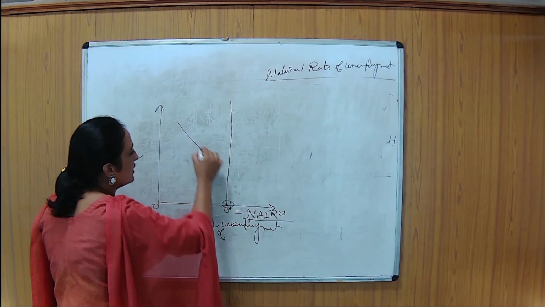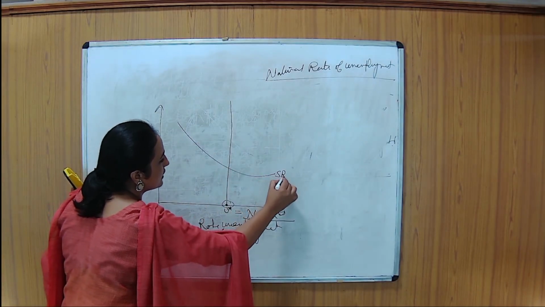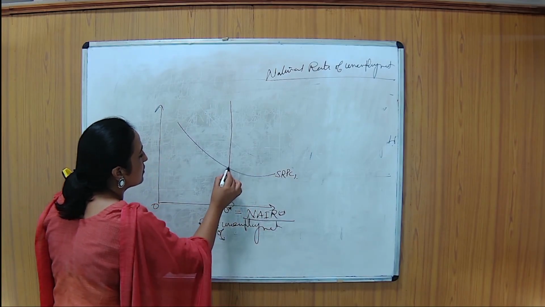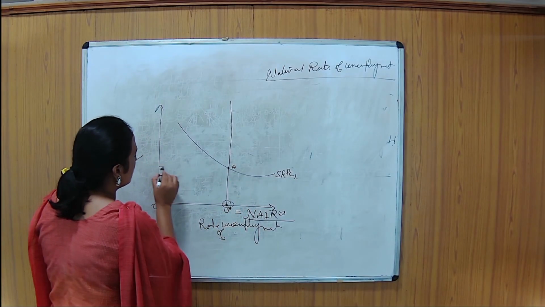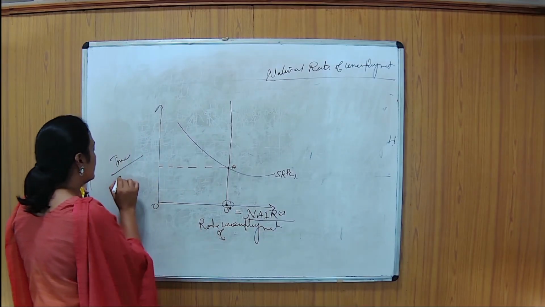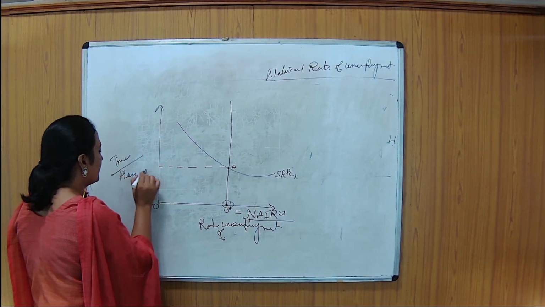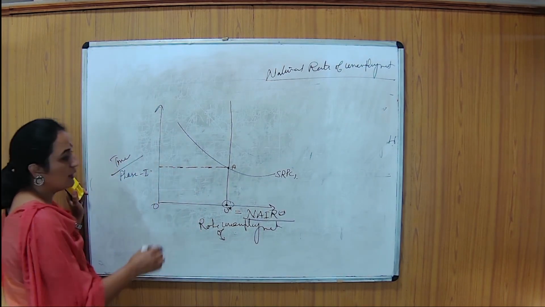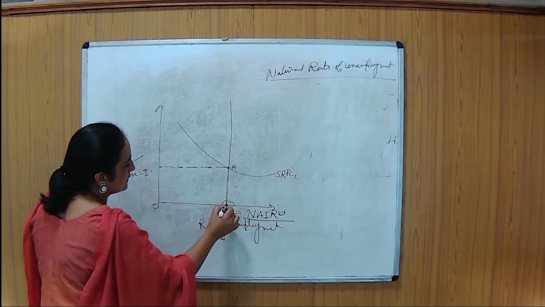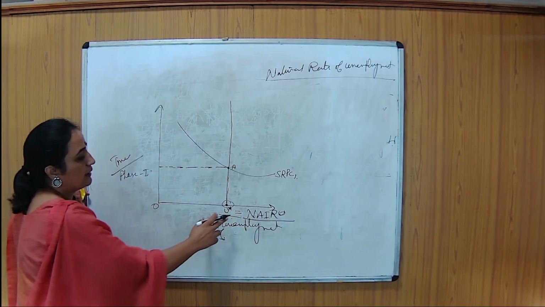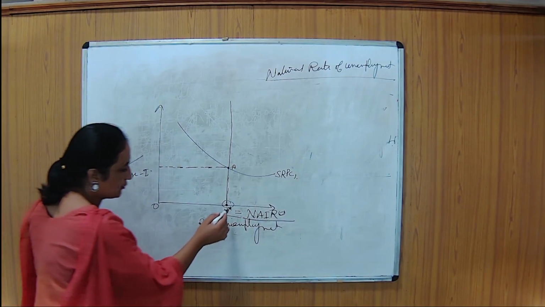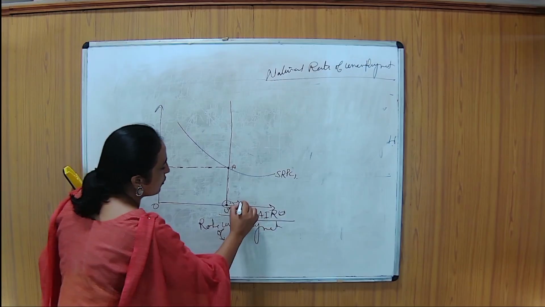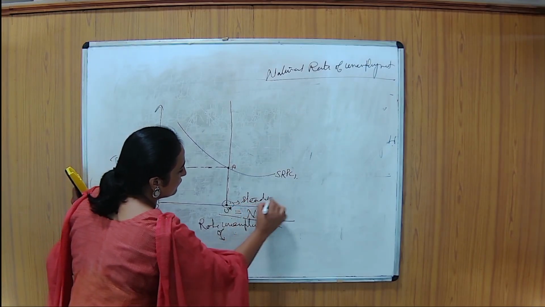This is the Phillips curve, short-run Phillips curve 1. This is a point A, and this point is for phase 1, or period 1. At this phase 1, this is the rate of unemployment in the economy due to constant, or steady, inflation.